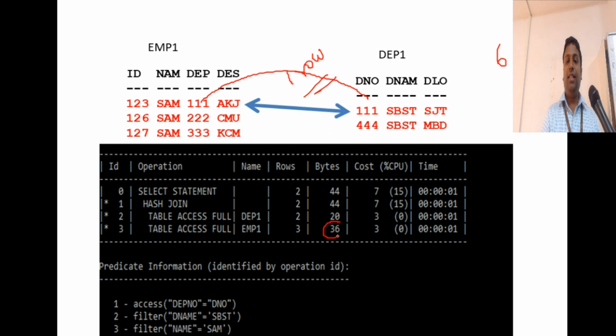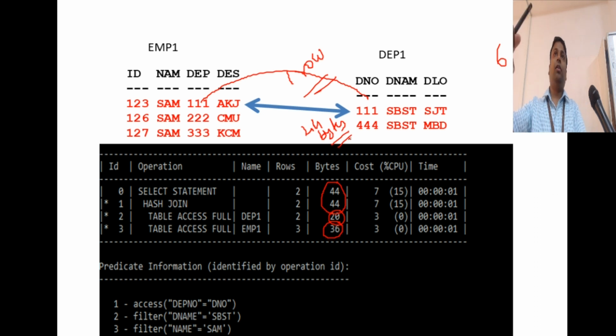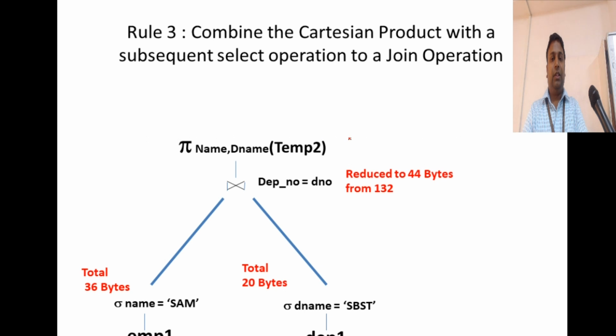It reads 36 bytes for the employee table, 20 bytes for the department table. But now 132 bytes got reduced to 44 bytes internally, just because you made it a join. You removed the Cartesian product and made it a join. So that is rule number 3 as of now.